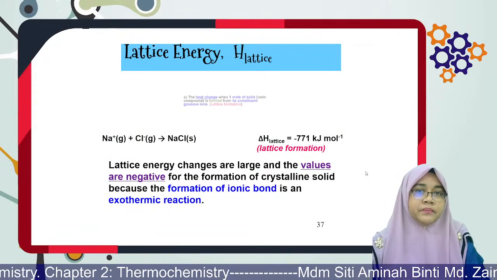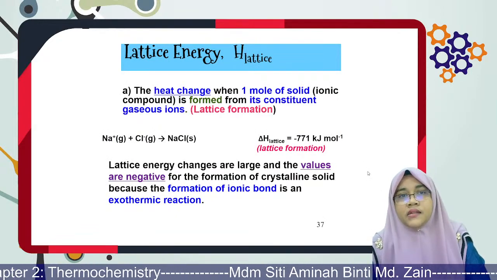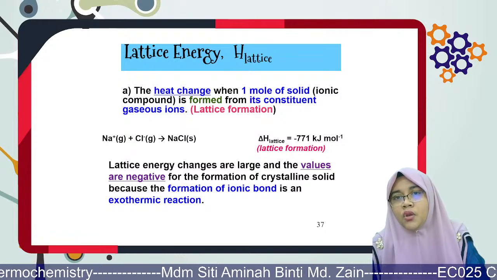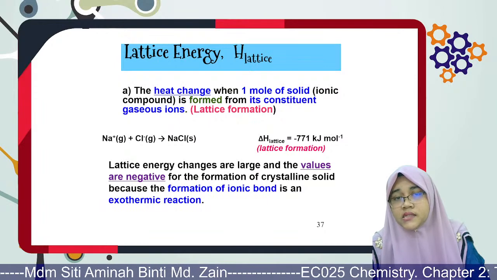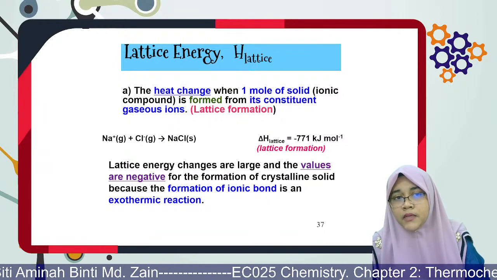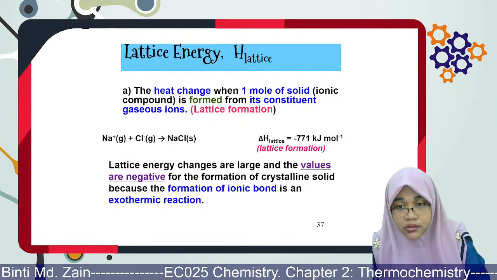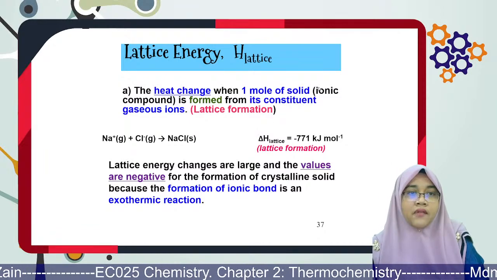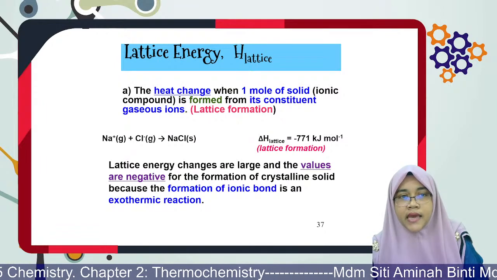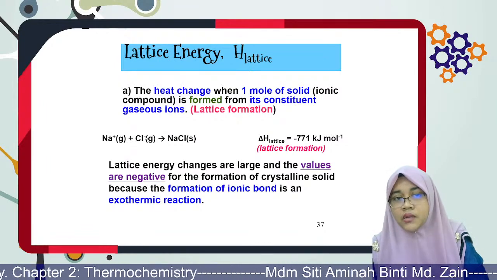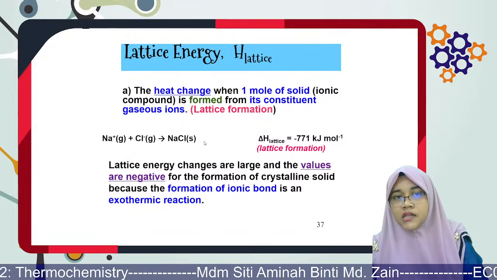So lattice energy. Lattice energy is the heat change when 1 mole of solid, which is an ionic compound, is formed from its constituent gaseous ions. We call this lattice formation. For example, we have sodium plus gas plus chlorine minus gas to form an NaCl solid.